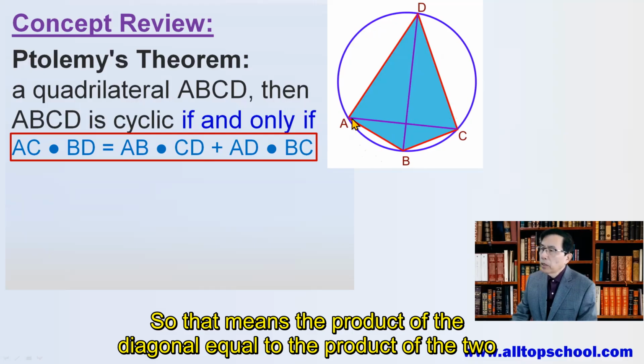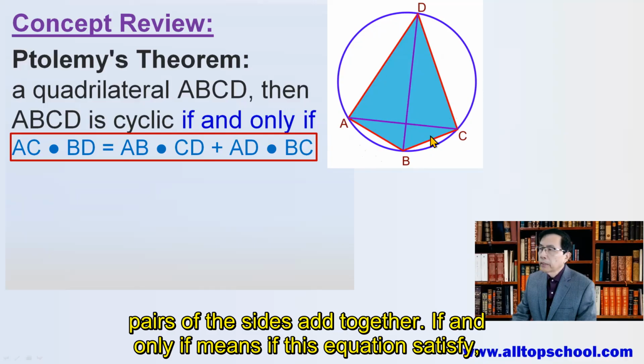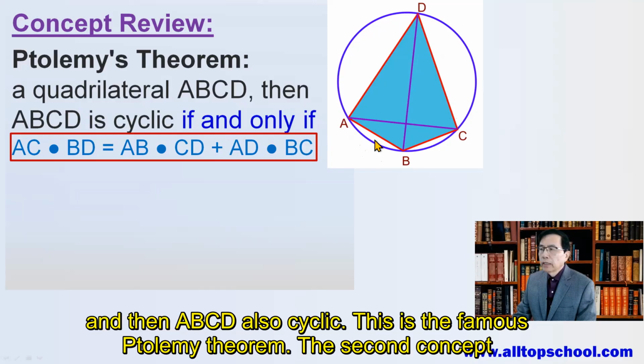So the product of the diagonals equals the sum of the products of the two pairs of opposite sides. If and only if means if this equation is satisfied, then ABCD is also cyclic. This is the famous Ptolemy's theorem.